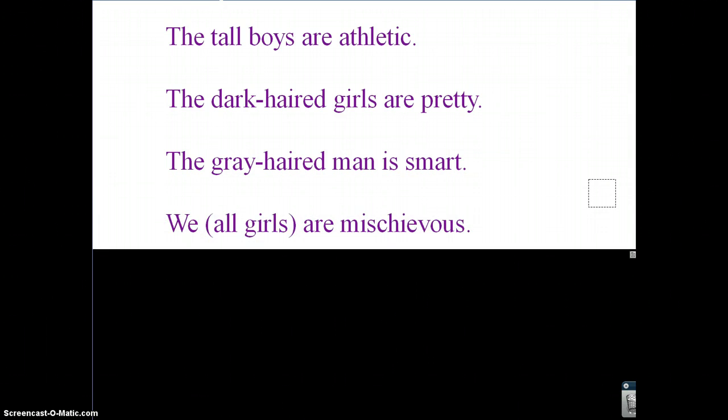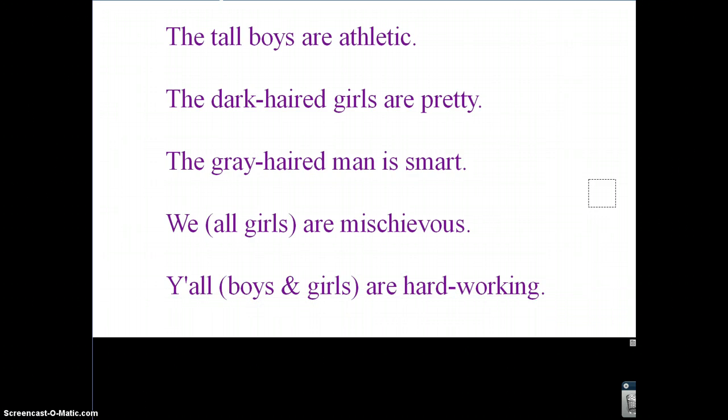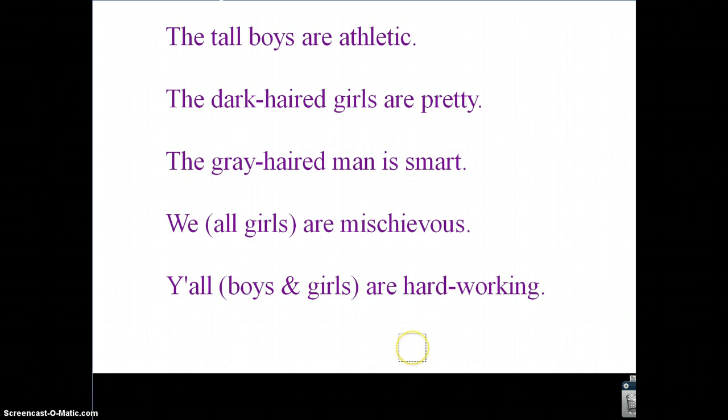So please write these sentences down carefully and leave 2 blank lines after each one. If you are feeling especially ambitious, please try to write these in Spanish in pencil so you can erase or change if you have any mistakes, and we can check and see how well you guys did in class next.